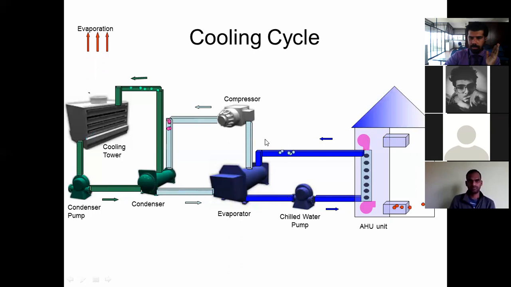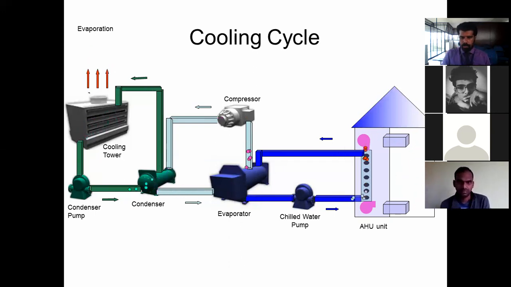Okay. So can you explain this once more? Yes. Over the AHU unit, there will be hot air. This hot air, when it passes through that fan part, there will be an exchange of hot to cold air from the water from the chilled water pump.